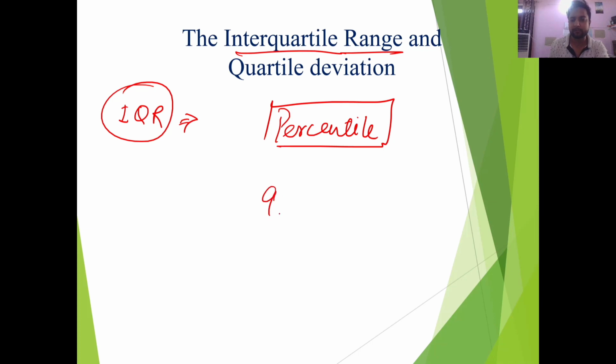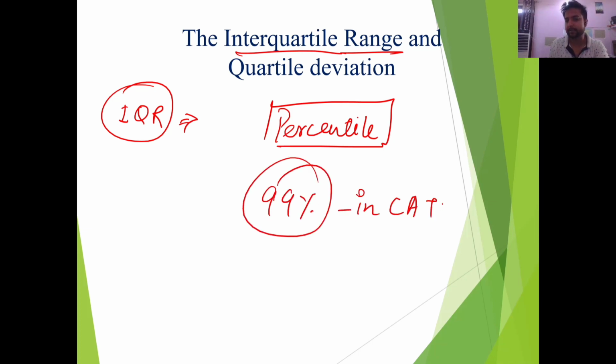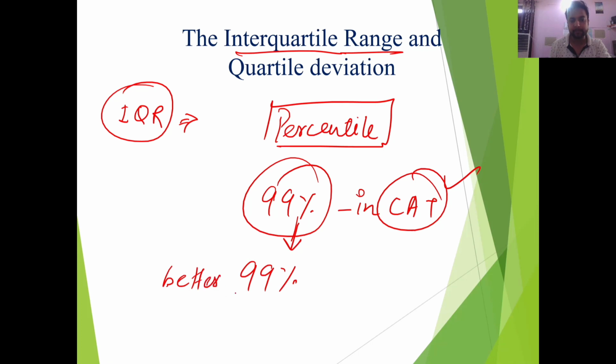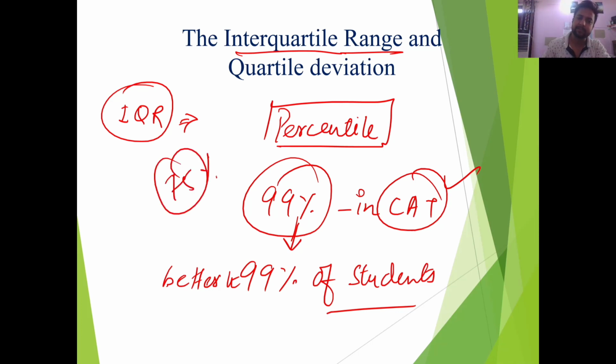For example, if someone says, I got 99 percentile in CAT, an exam that is conducted for admission to MBA, it means that he performed better than 99% of the students. That is the meaning of percentile. And if he has scored 75 percentile, that means he has scored better than 75% of the students. So it is quite easy.